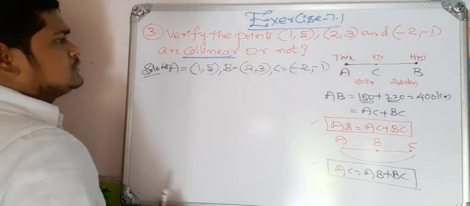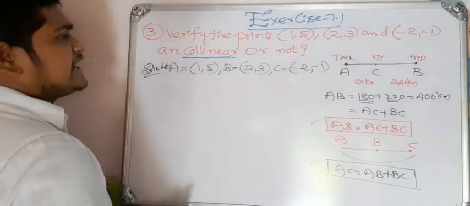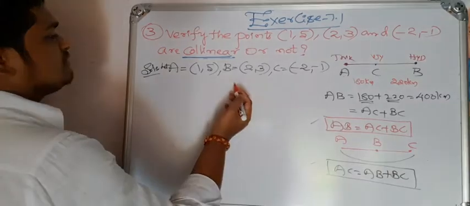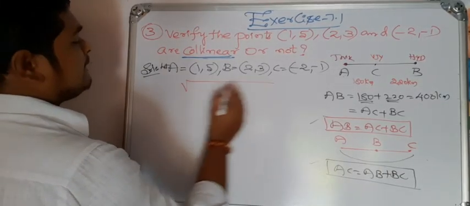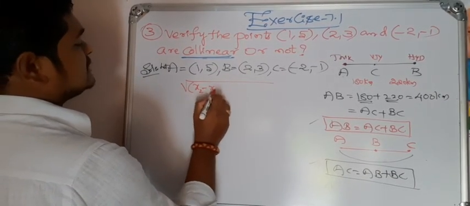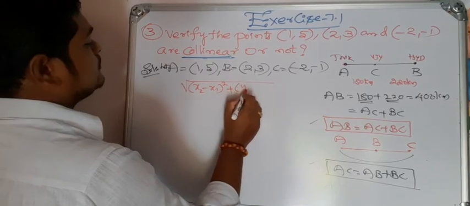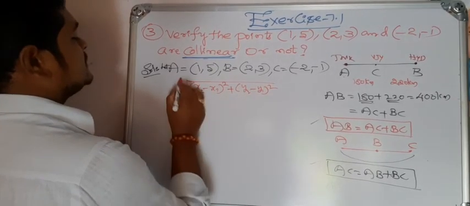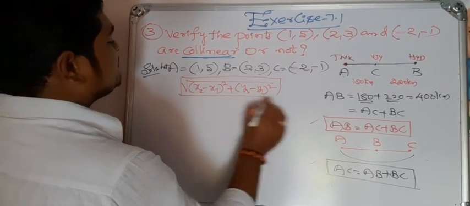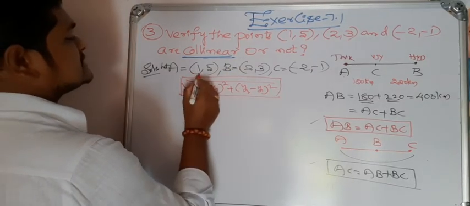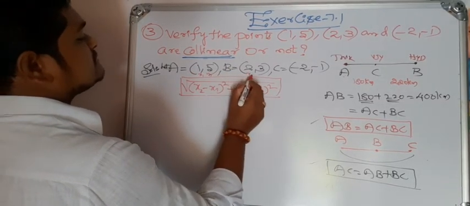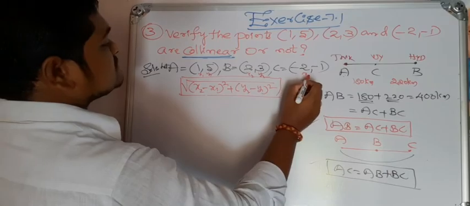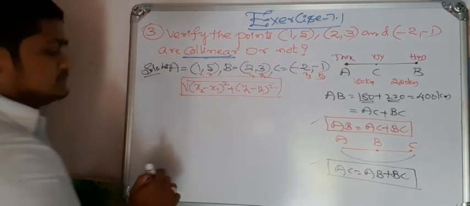Now find the distance between A and B. We have the formula. What is the formula here? Root over (x2 minus x1) whole square plus (y2 minus y1) whole square. With the help of this formula, we can find the distance between A and B. Let us take this one as x1, y1, this one as x2, y2, and for a change this one as x3, y3.